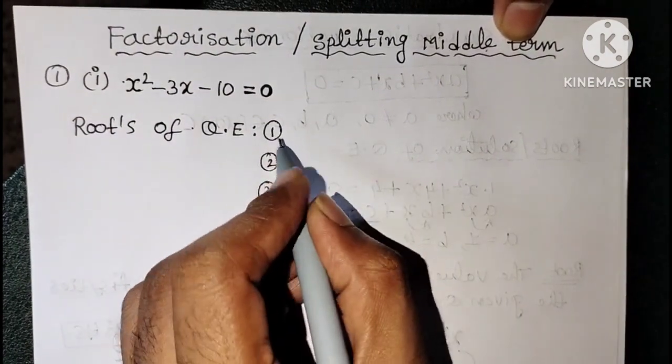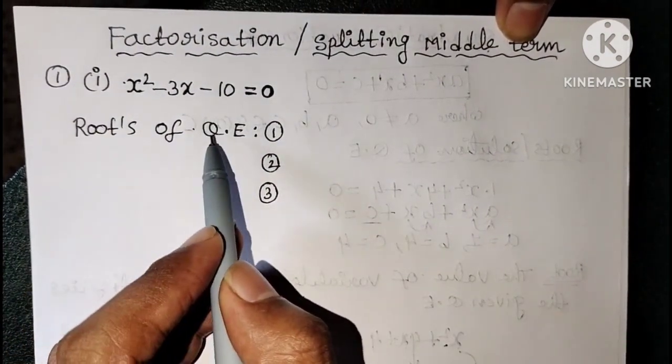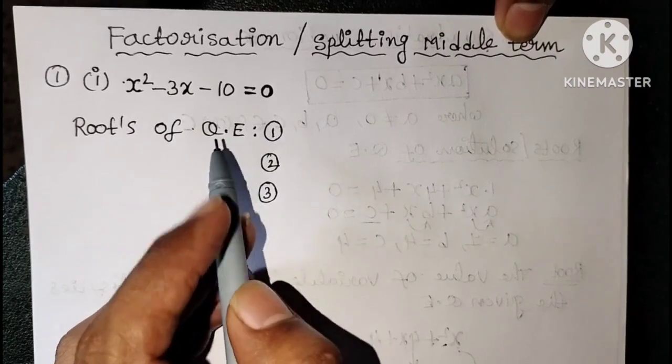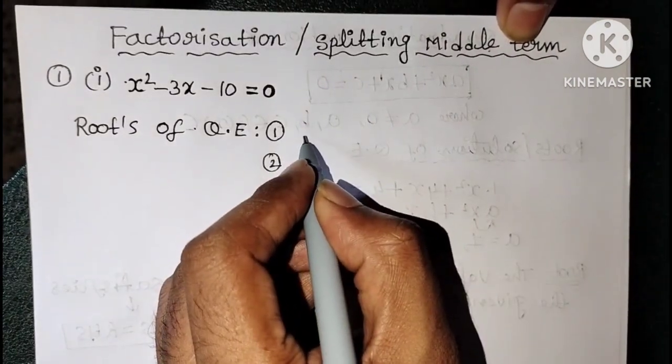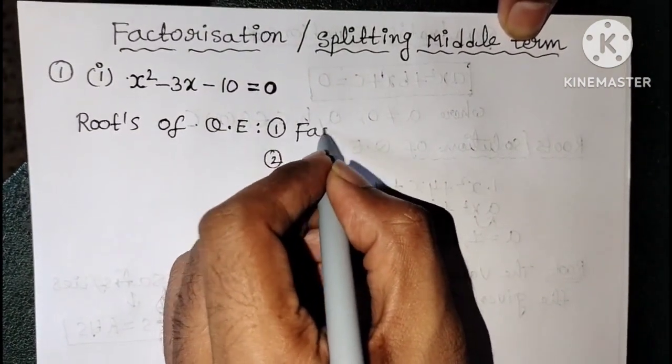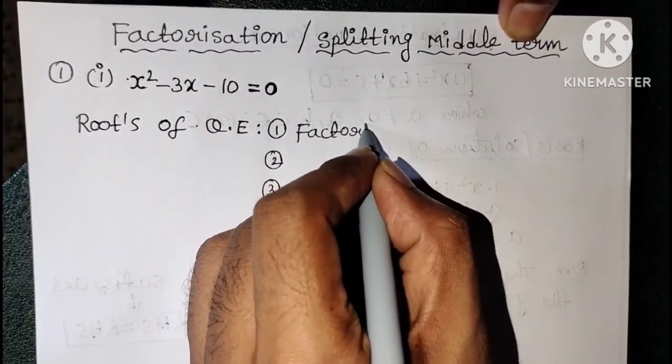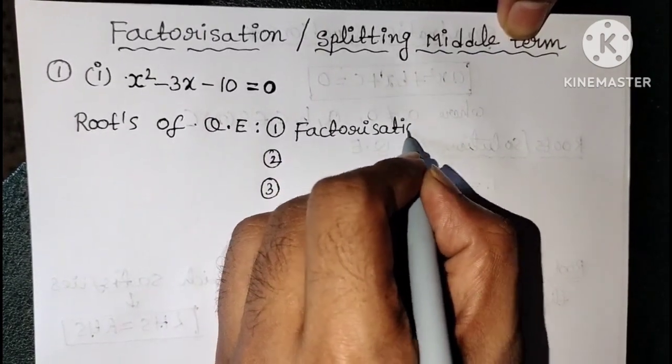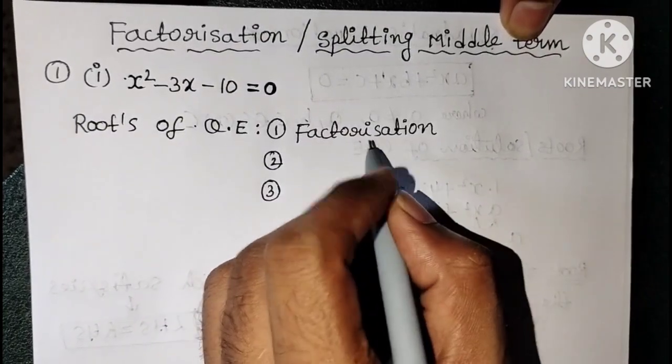So in general, roots of any quadratic equation are calculated by 3 methods. The first method is factorization, also known as the splitting middle term method.